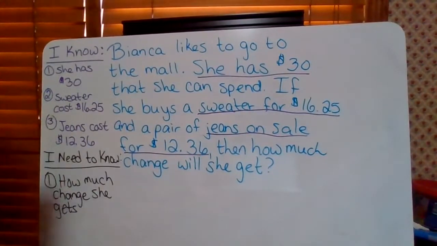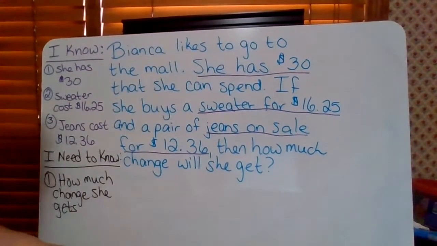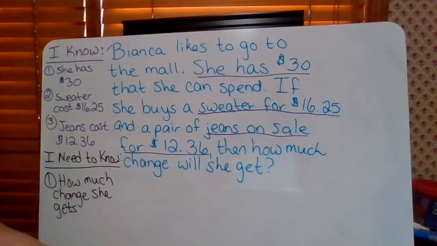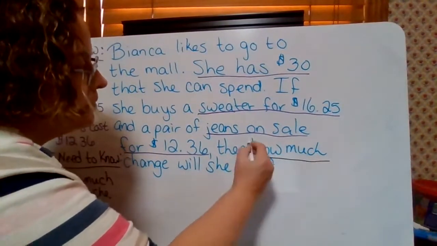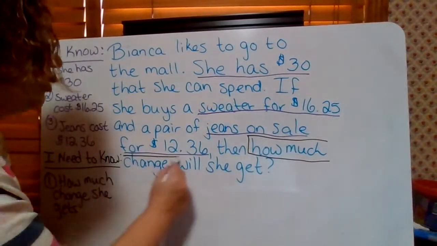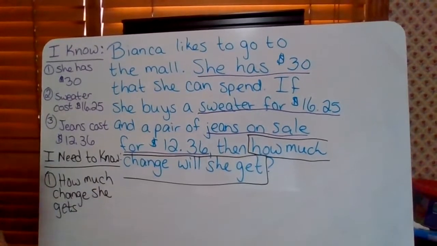So I use the same color, right? So there's 3 things I know. There's 3 things I underlined. Does that make sense? I hope you all said yes. What do I need to know? I need to know how much change, okay? So that's what I need to know.